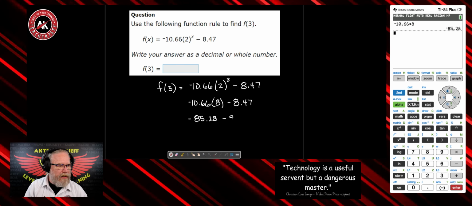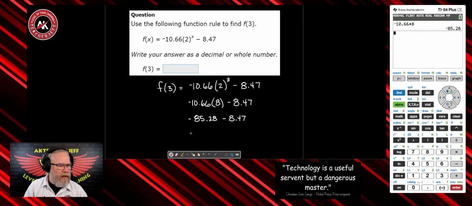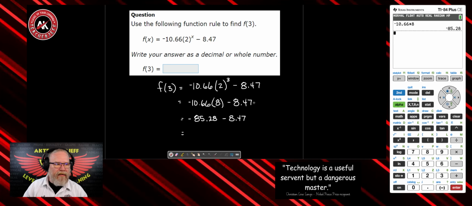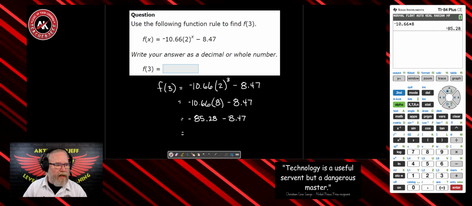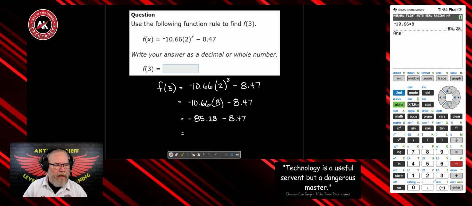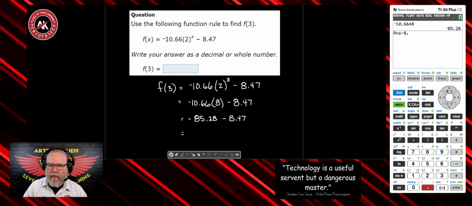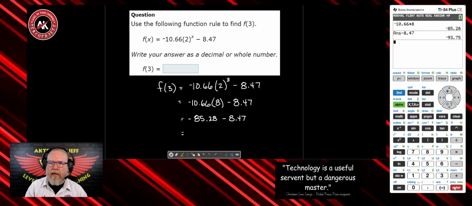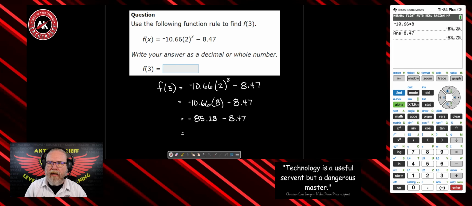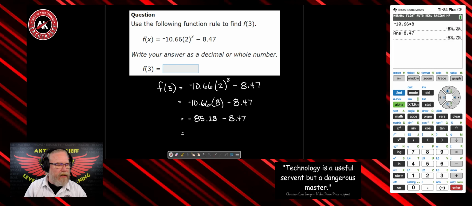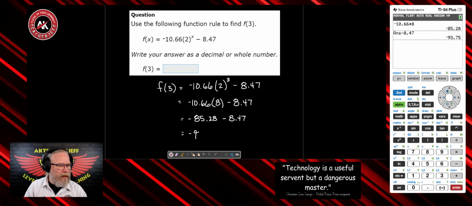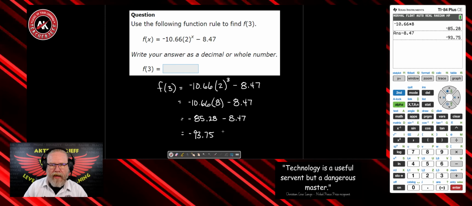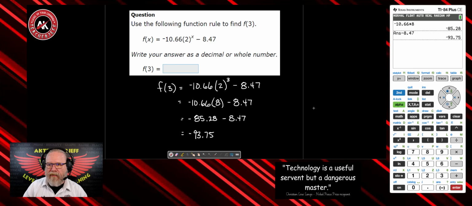Now bring down my minus 8.47. I've already got the negative 85.28 in my calculator, so let's subtract 8.47 from it. This gives me a difference of negative 93.75. Yeah, that's right. It's going to get more negative. That makes sense.